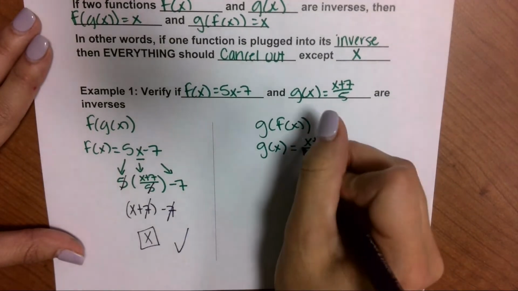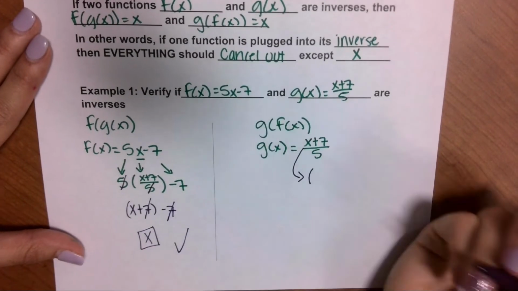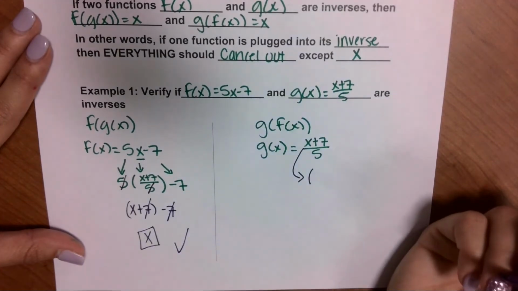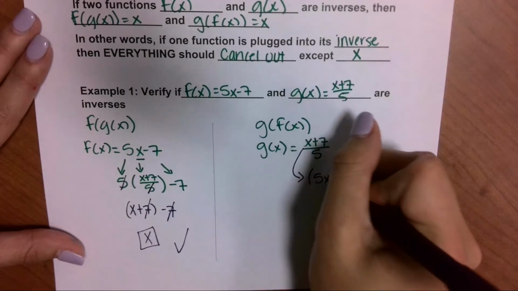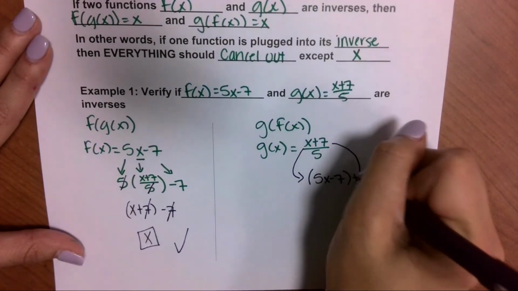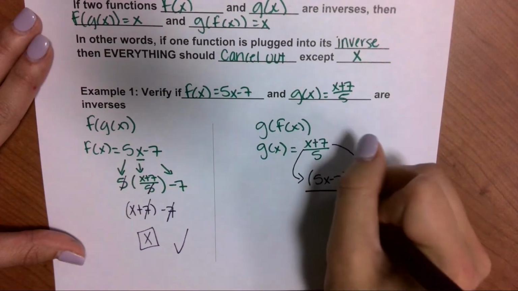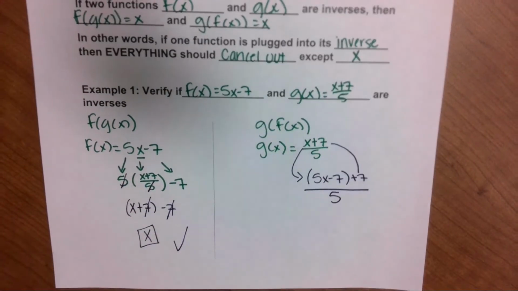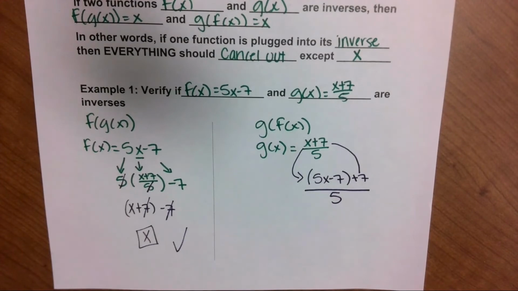The x is getting replaced by f, which is 5x minus 7. I'm carrying down my plus 7 and then sticking my divided by 5 underneath it.